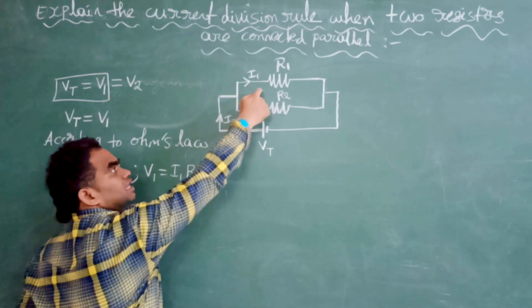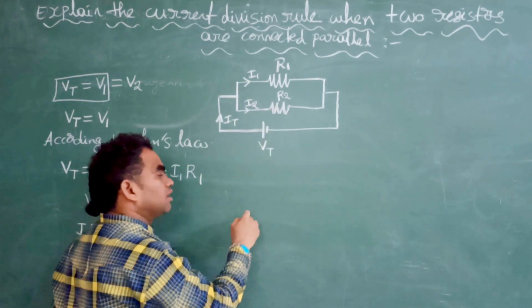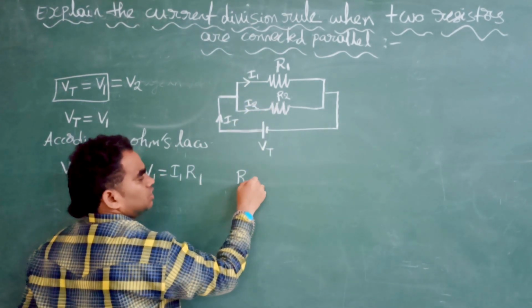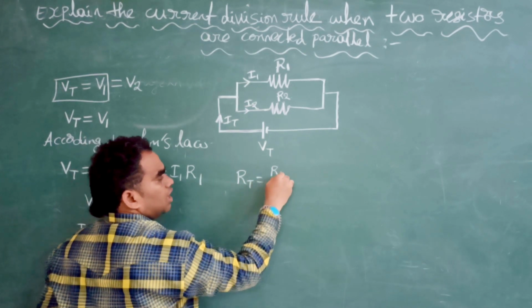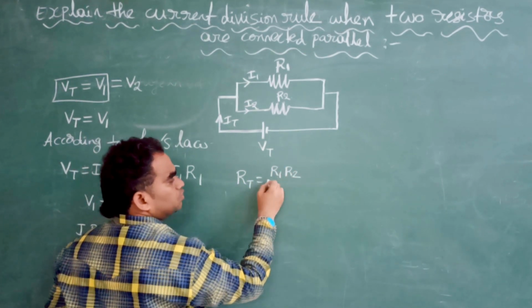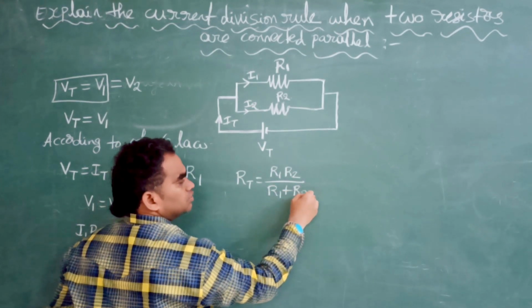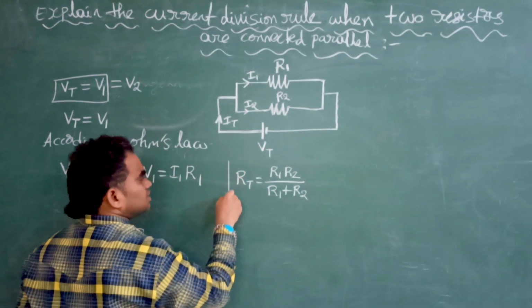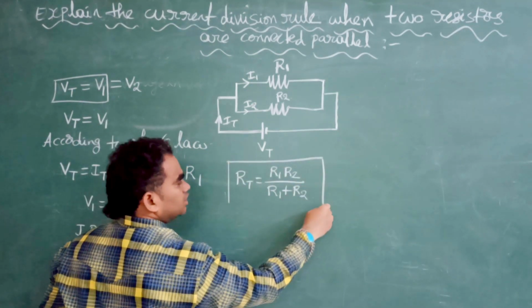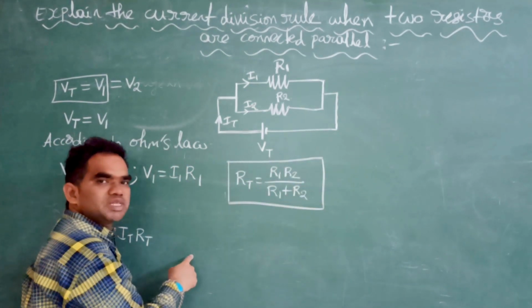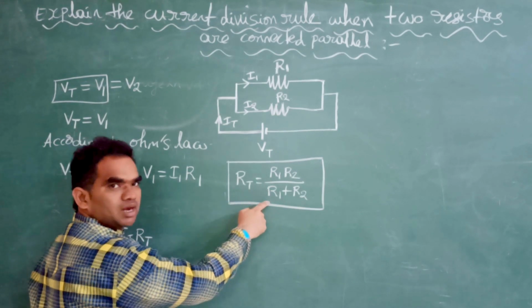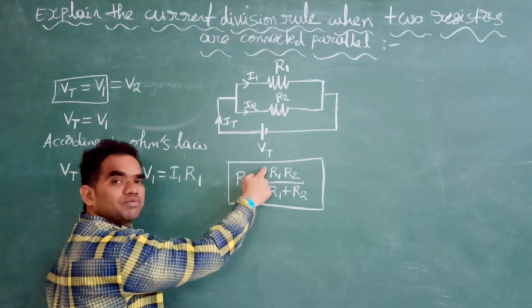When two resistors are connected in parallel, RT is equal to R1 R2 by R1 plus R2. This is the formula for RT when two resistors are connected in parallel. I explained it in the previous class also.